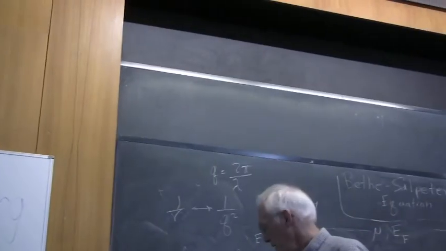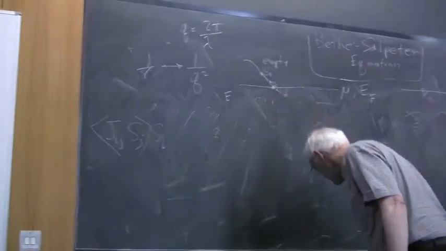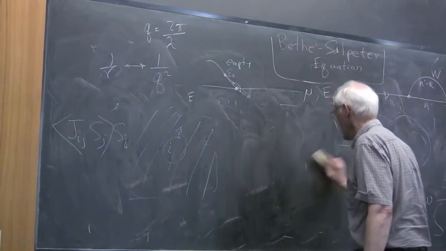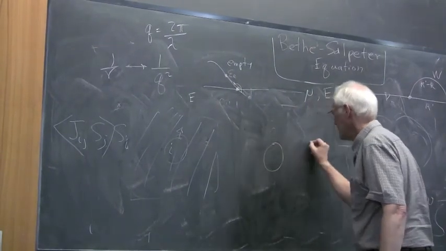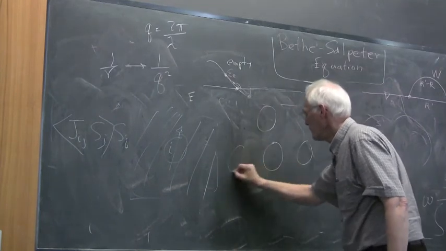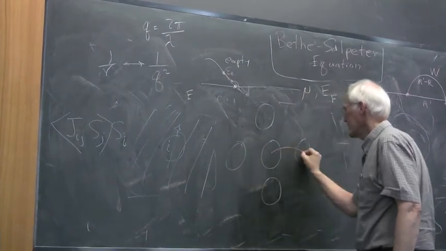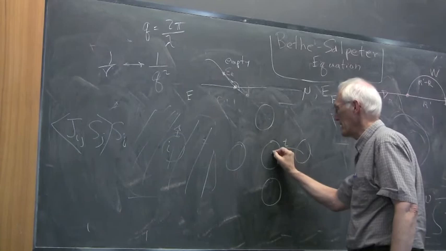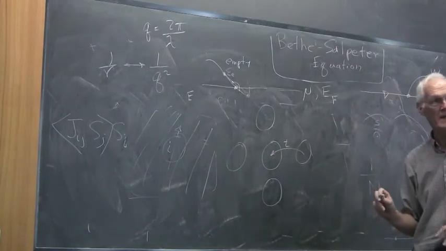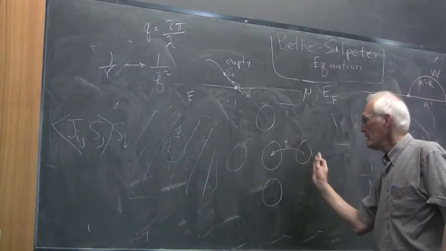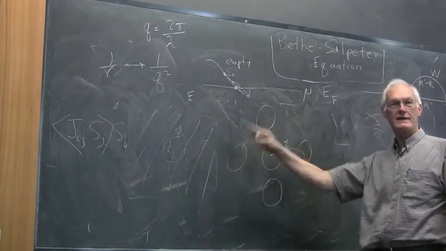But for a quantum system, what you're averaging over is the average effect of electrons that can hop with a matrix element that's usually called T. And that's the big effect, that particles can enter and leave.